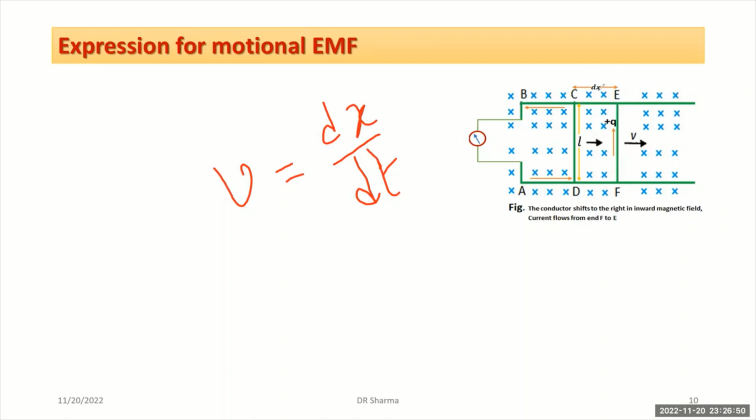The work done on the positive charge plus q to move it through the length of the conductor can be calculated, because the force acting on it is the Lorentz force.